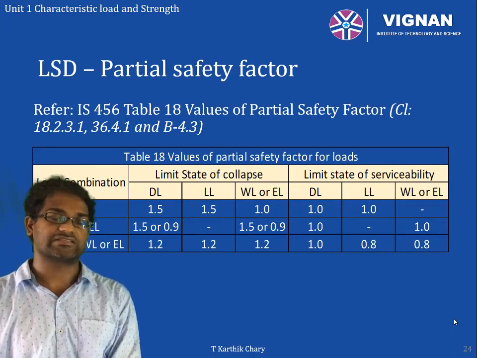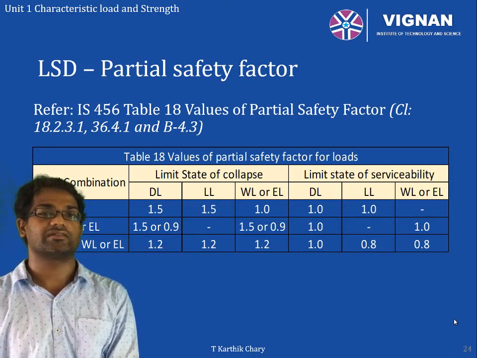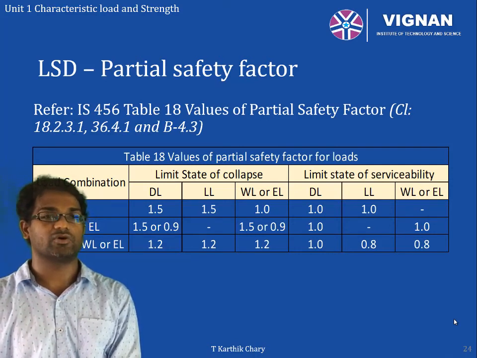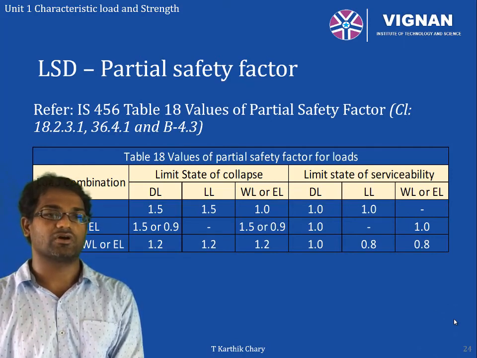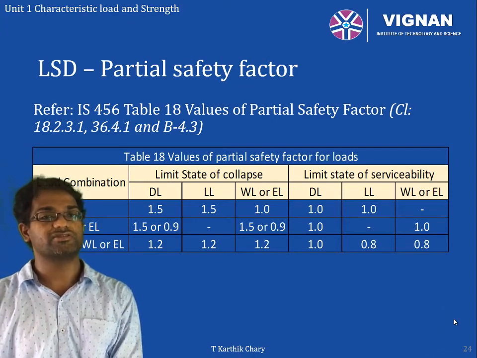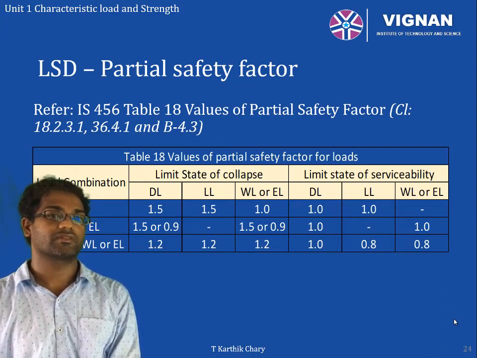As per the previous classes we have discussed, there are dead loads, live loads, wind loads and earthquake loads. IS 456 says you should consider the combination of these loads when you are designing.